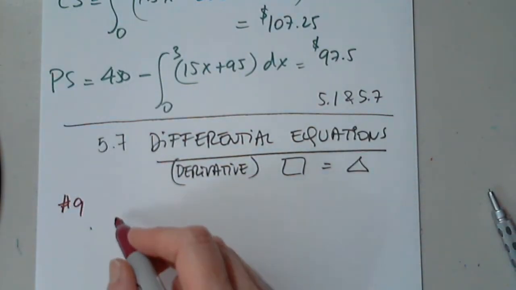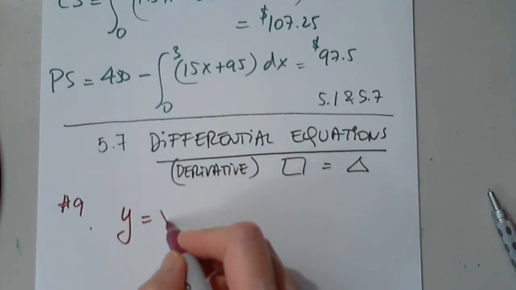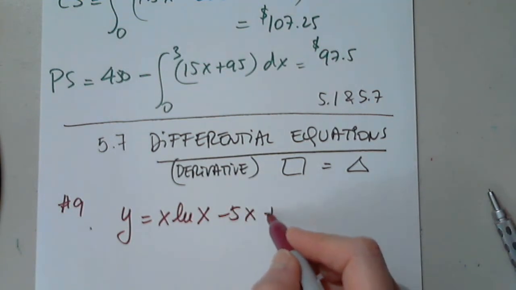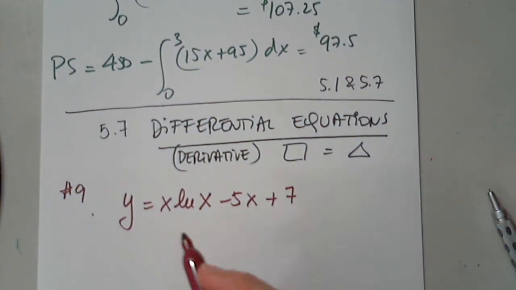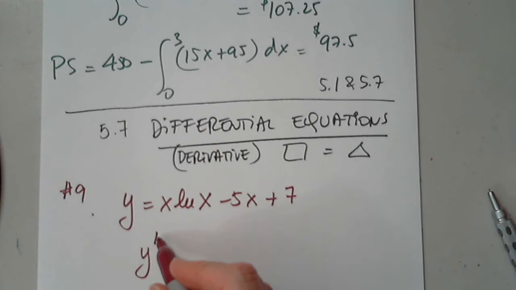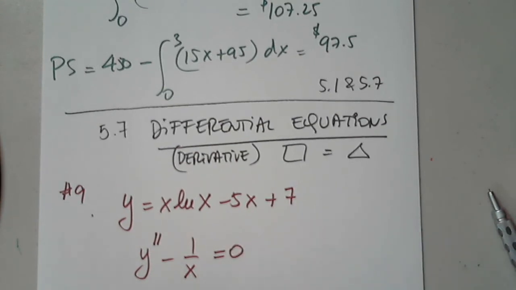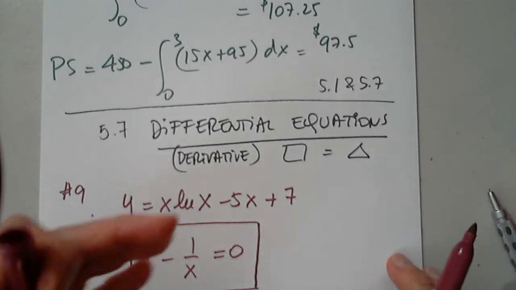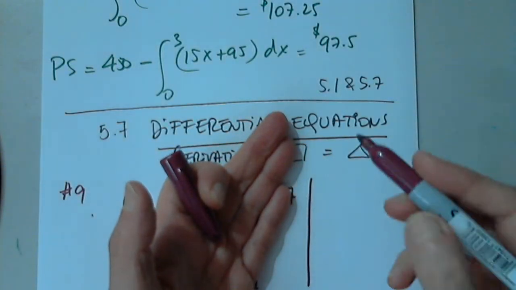In 9 we are asked to show that y equals x natural log x minus 5x plus 7 is a solution of an equation that has the second derivative of y minus 1 over x equals 0. So in this first problem, we are basically looking at how a differential equation looks like. So here another example.